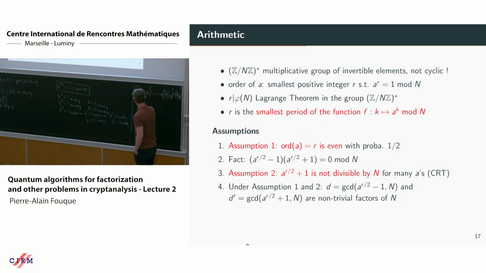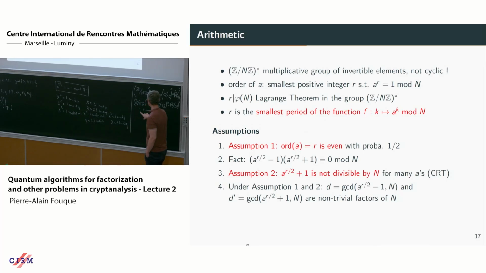If we look at this case, we can write all elements in this set as a pair of elements, mod P and mod Q. So you can take 1, which is 1 mod 15, and you write it mod 3 and mod 5.